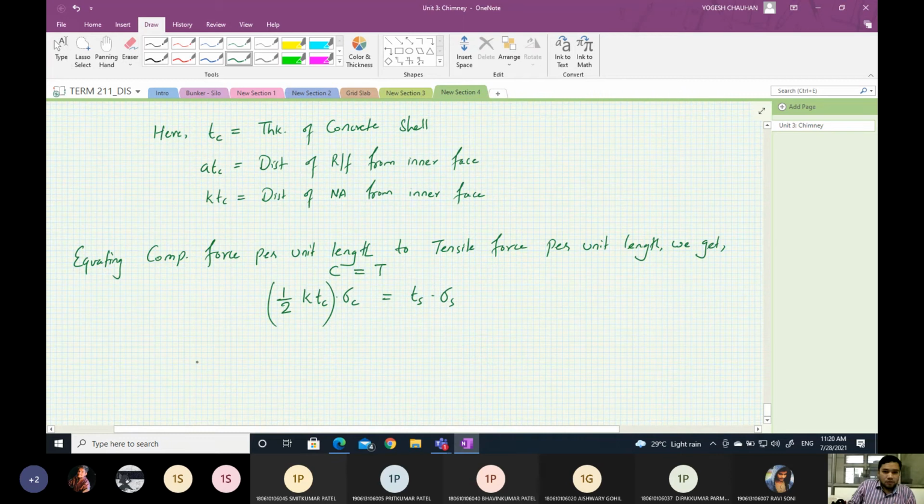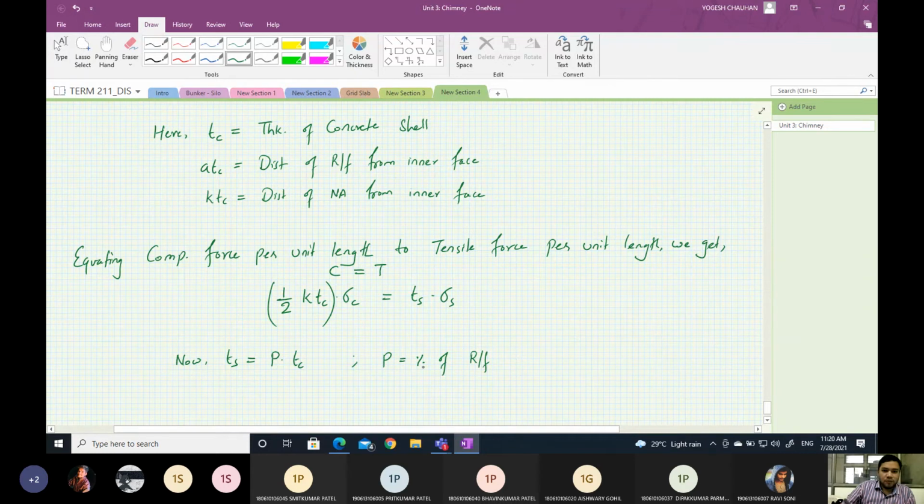Now we can also write this TS. TS is equal to P times TC, where P is the percentage of reinforcement.